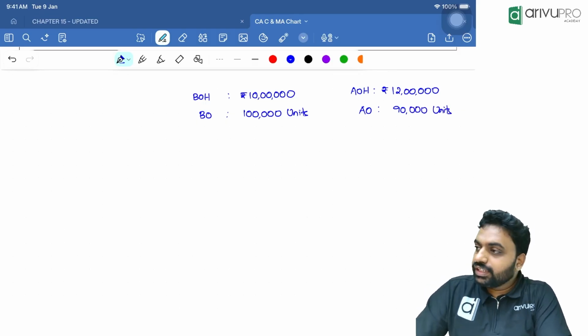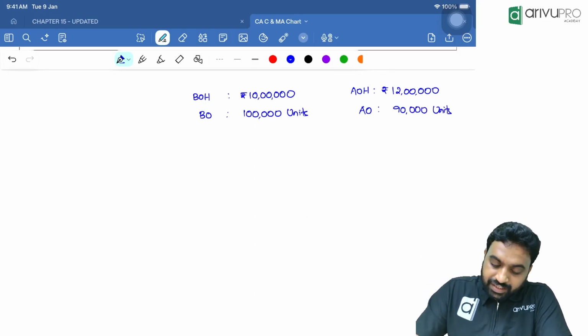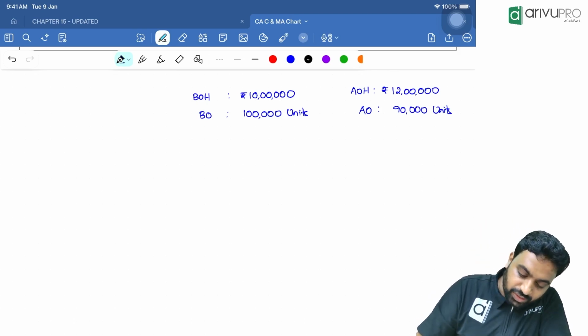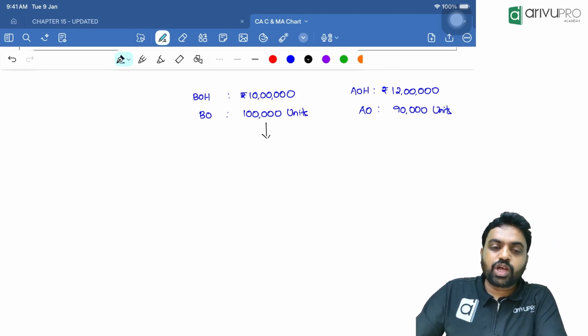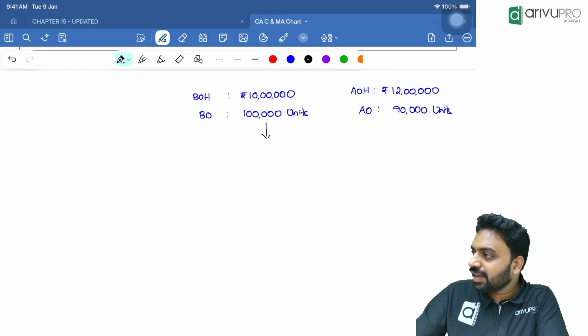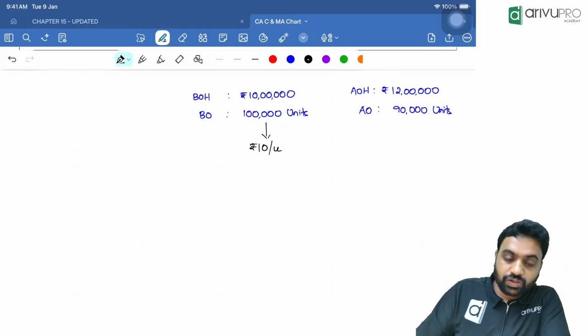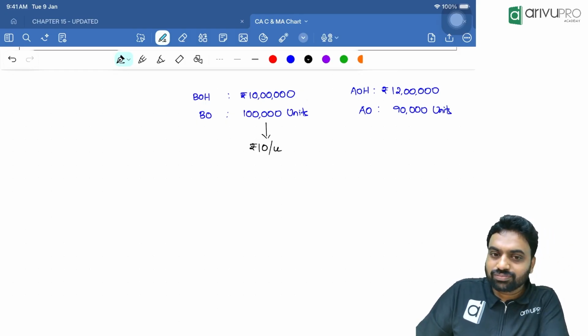Now, in this, we have to calculate under absorption or over absorption. Before calculating, first we have to calculate the absorption rate. Absorption rate will be computed on budgeted data. That is 10 lakh divided by 1 lakh. Per unit, we thought of charging 10 rupees. And of course, you will absorb from actual output.